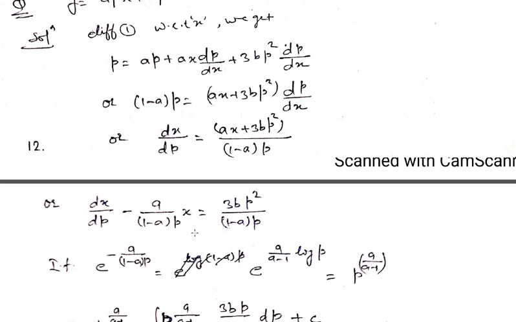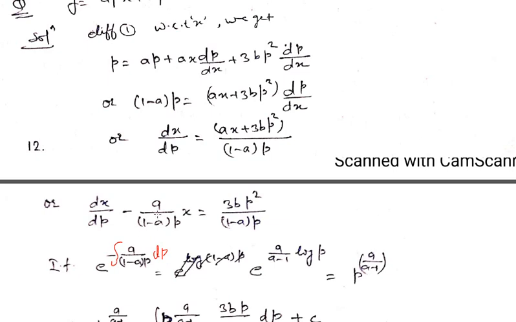So to solve a linear differential equation of order 1, first we have to find the integrating factor, which is the exponential of the integration with respect to the independent variable, which is p.